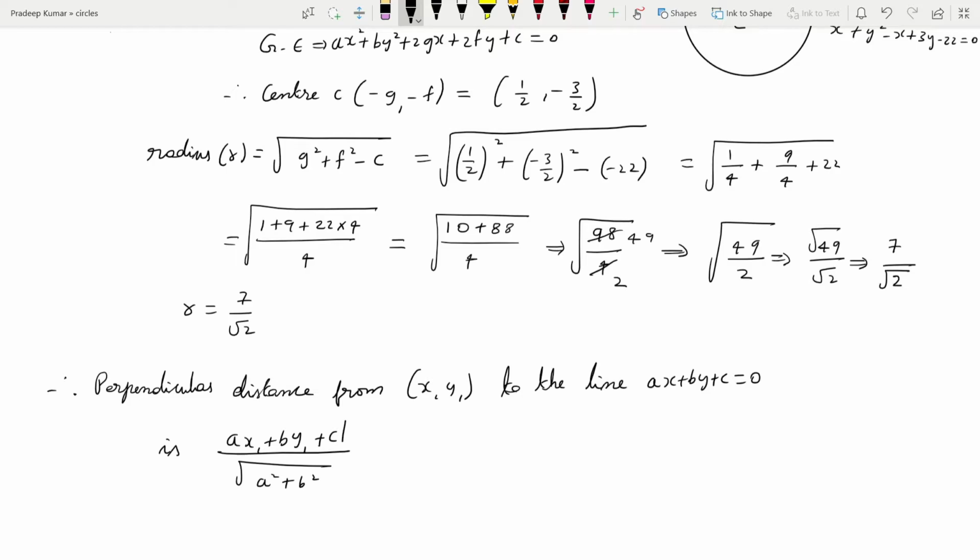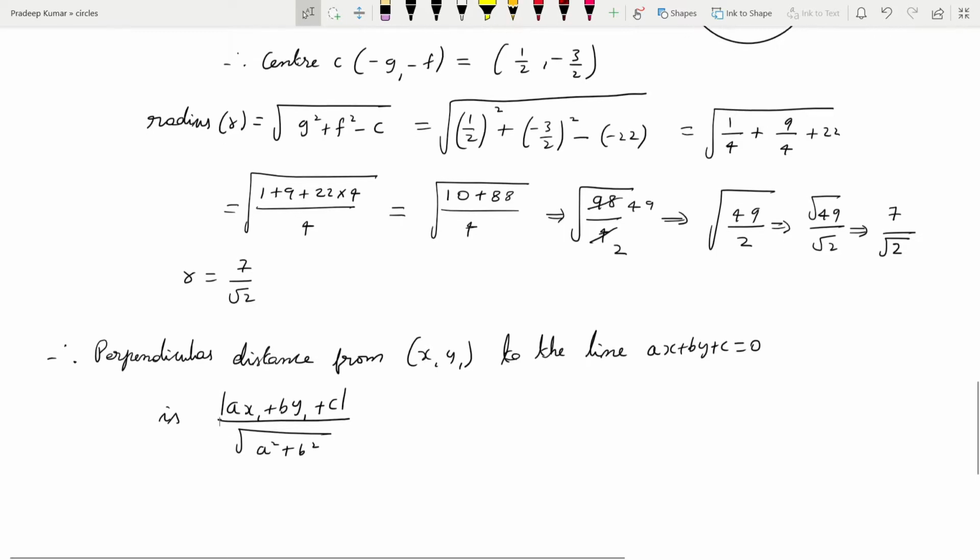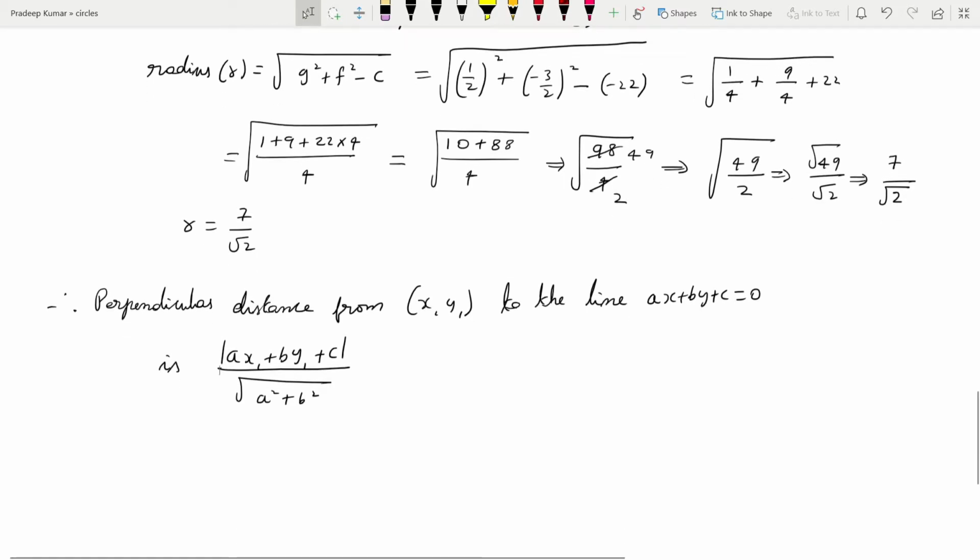Let's try to do this and see what value we get. Now the a value which we already had above, we will substitute, and the x value also, and we'll find the values over here.